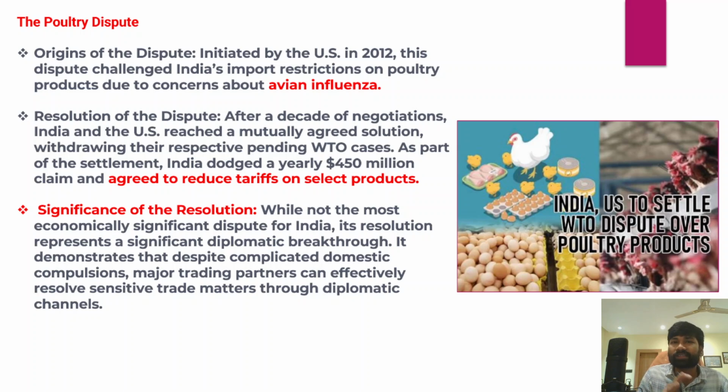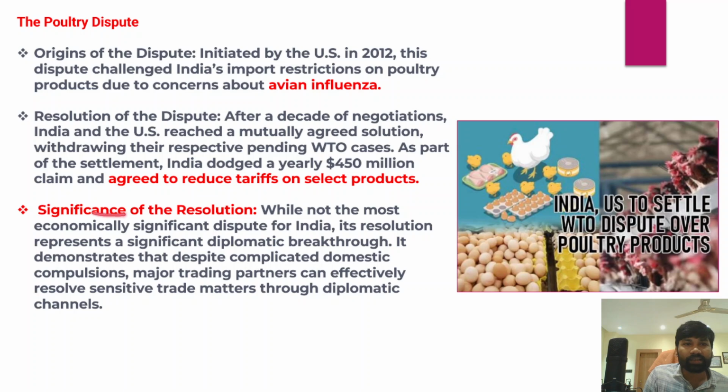As part of the settlement, India dodged a yearly 450 million claim and agreed to reduce tariffs on a number of products. This will be a win-win situation for both countries. Now they do not have any trade dispute with respect to poultry products at the WTO, and it will not hamper the trade between both countries. They have understood each other's concerns and tried to resolve those conflicts.